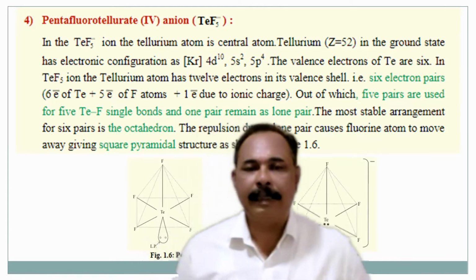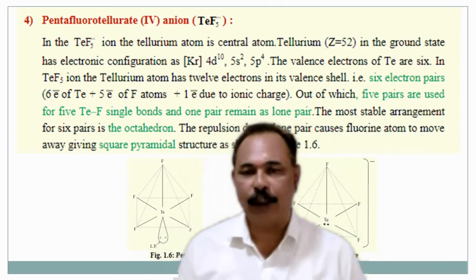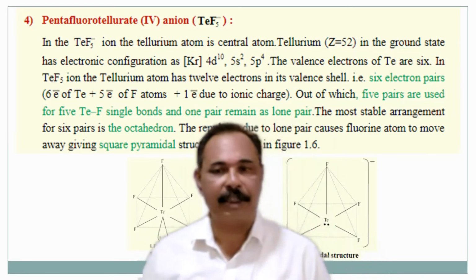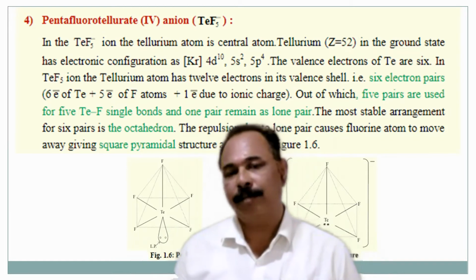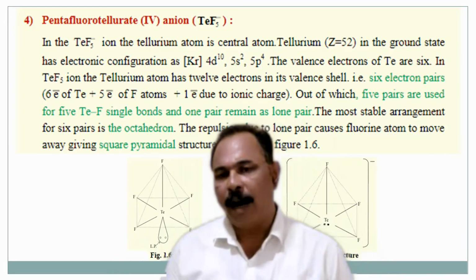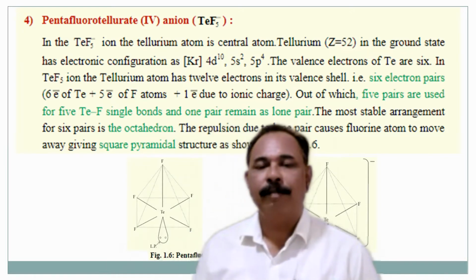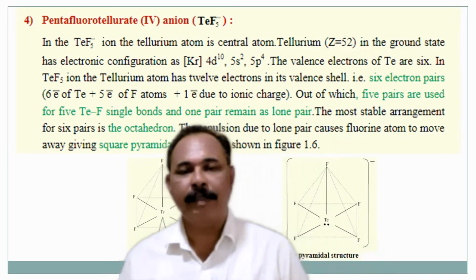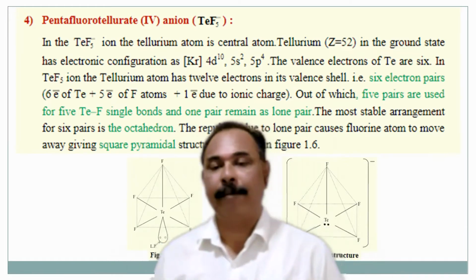In the TeF5 minus ion, the tellurium atom has 12 electrons in its valence shell, that is 6 electron pairs, out of which 5 pairs are used for 5 Te-F single bonds and 1 pair remains as a lone pair.